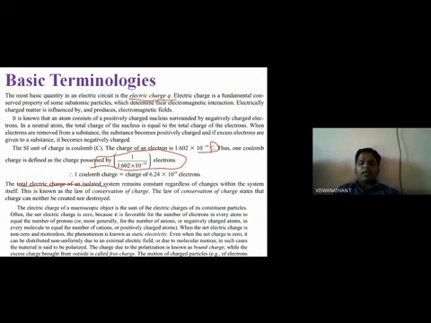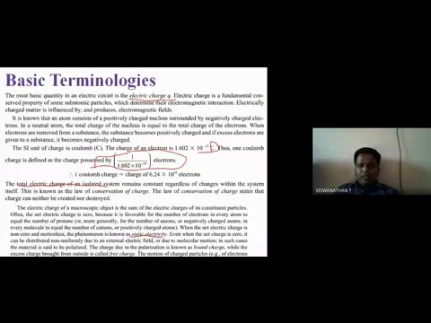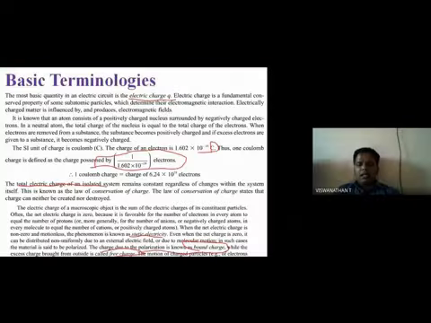Normally, if the charges are not moving, it is called static electricity. If the charges are bound due to polarization, the charge is called bound charge. If they are free flowing, they are named free charge. The motion of charges is called electric current.